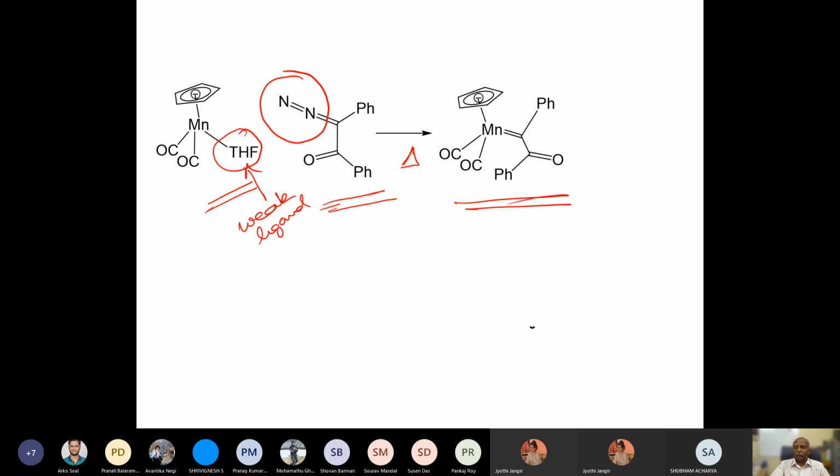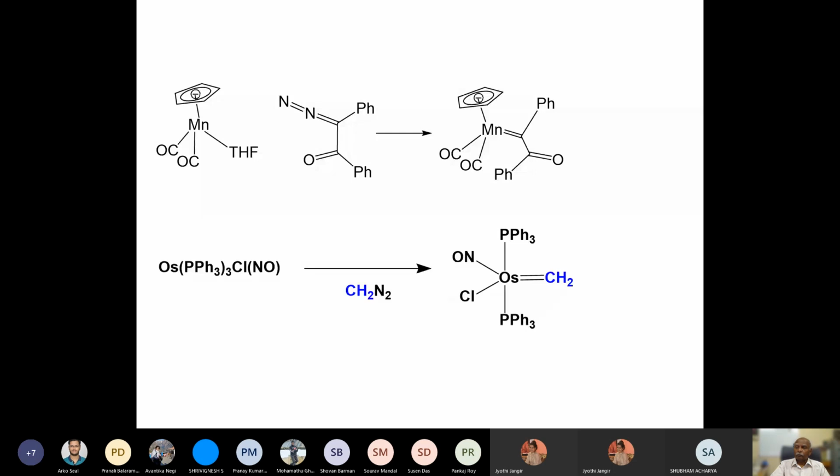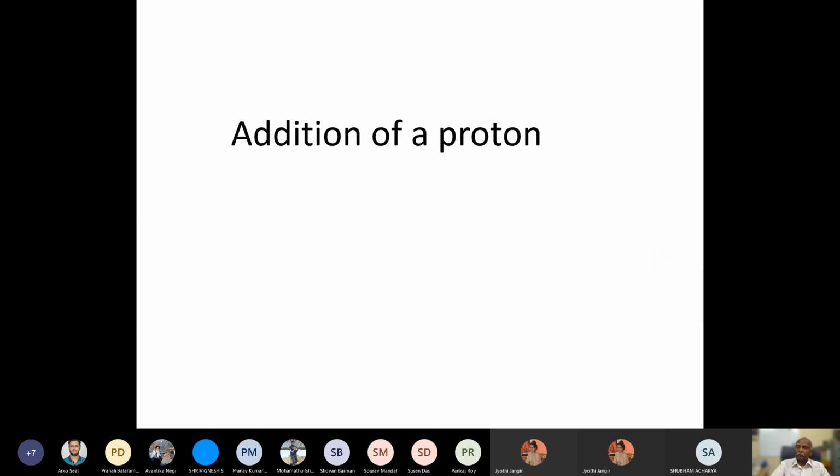The other way was by doing a nucleophilic substitution. A third way is, okay, this is again extrusion of dinitrogen. Here we have taken diazomethane and removed dinitrogen.